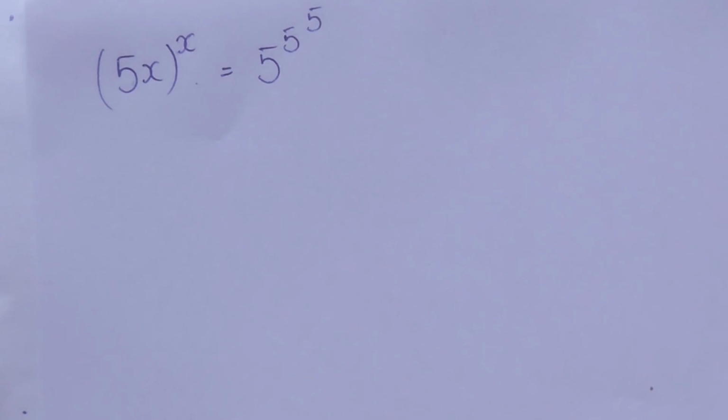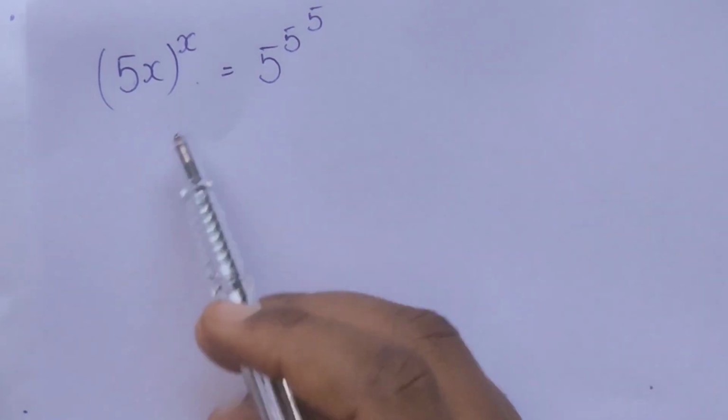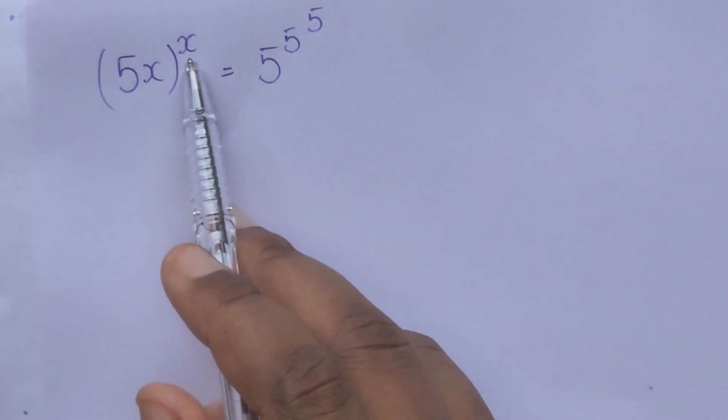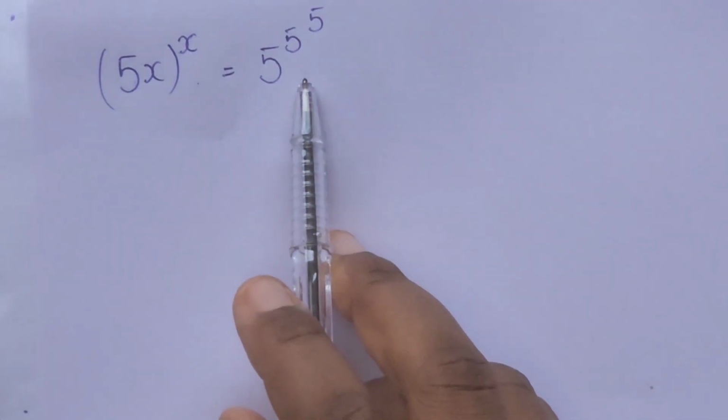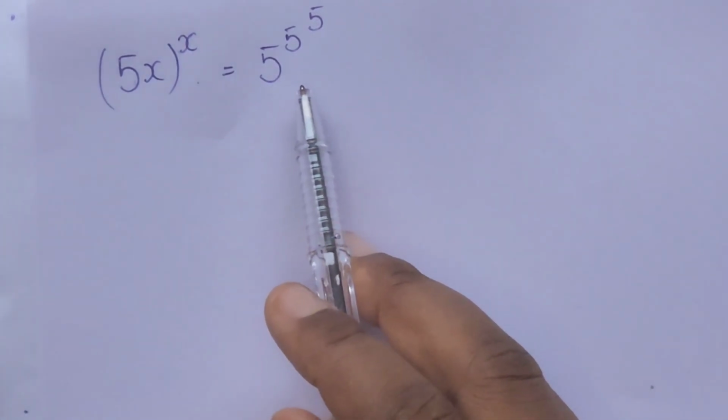So today we want to resolve this problem. We have 5x to the power of x to be equal to 5 to the power of 5 further raised to the power of 5.